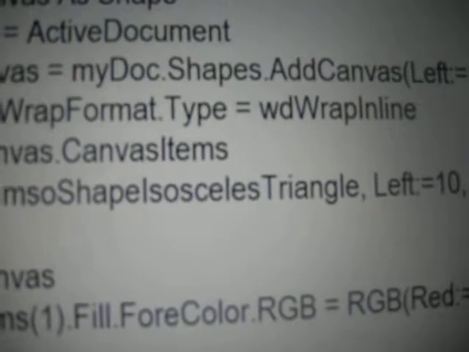I wanted it to fill that canvas item with a color. And then within the fill folder, I want the fore color fill, which is that color that you see in the center of it, not the border color, but the center color. And then within the fore color folder, I want RGB, which means red, green, and blue. It's basic for the color.